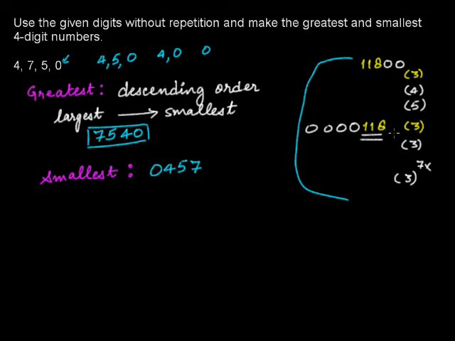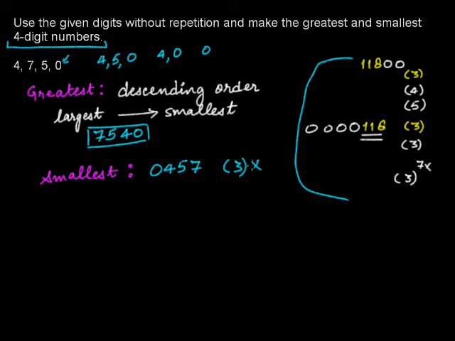As you saw, 118 was a 3-digit number. Doesn't matter how many zeros you add before it, it's still a 3-digit number, right? The question says we have to form a 4-digit number, but if I add 0 at the beginning of the digits, this is a 3-digit number, which is wrong. I have to make a 4-digit number.